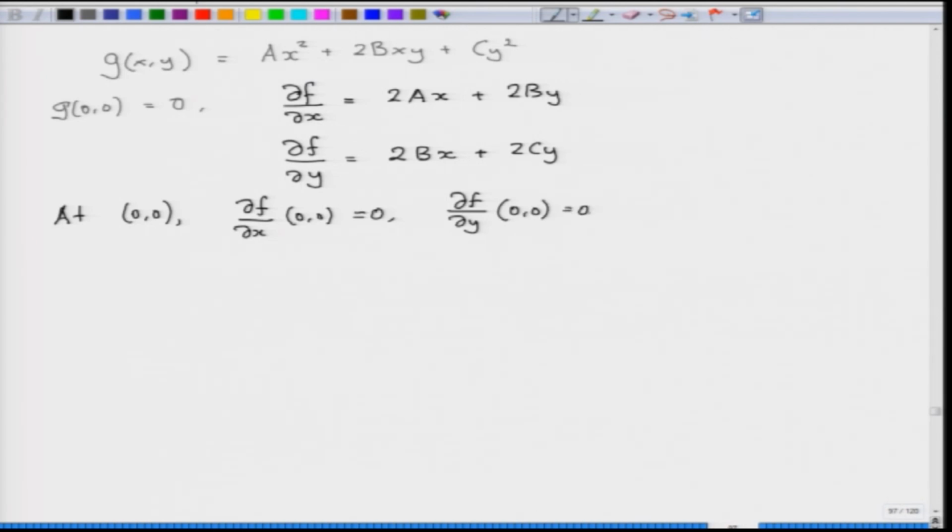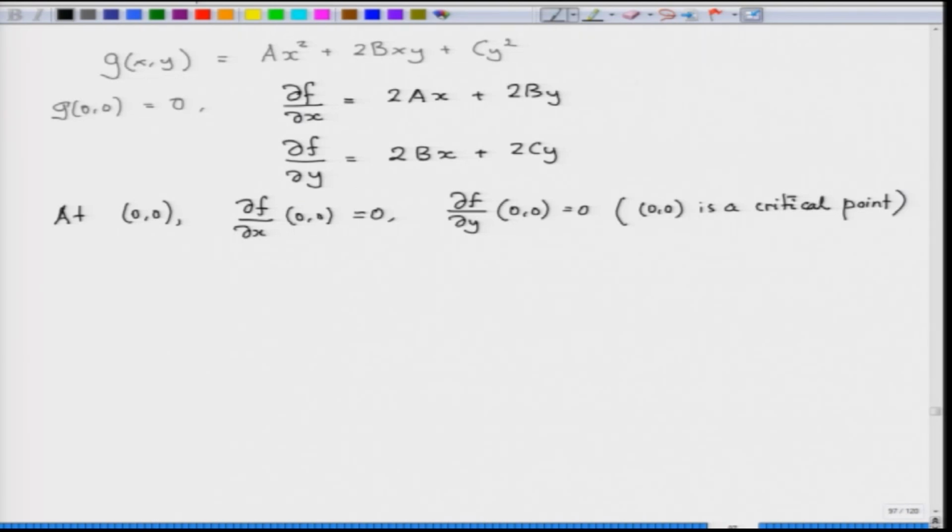So, which means that 0 0 is a critical point. Okay?